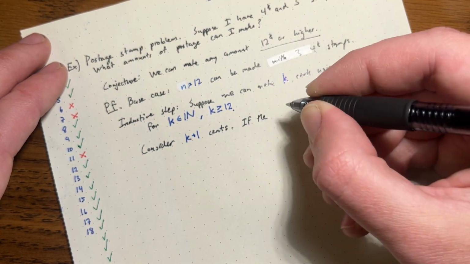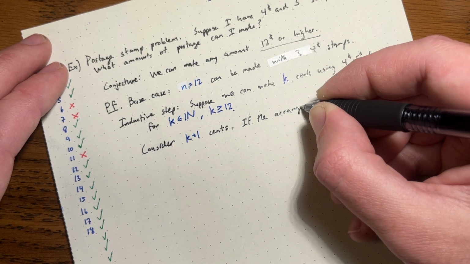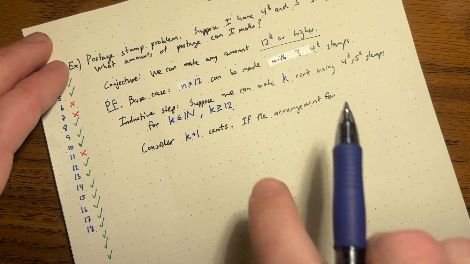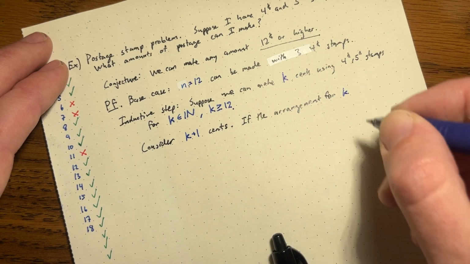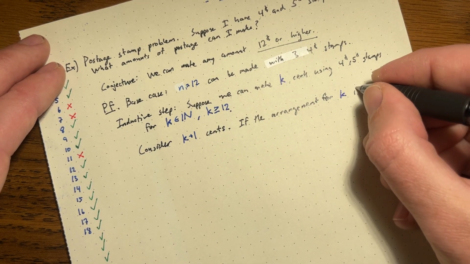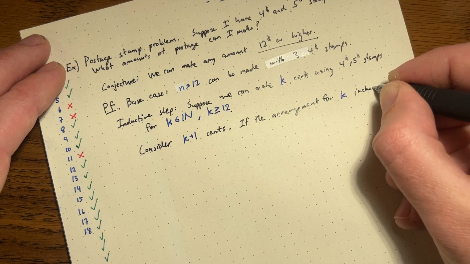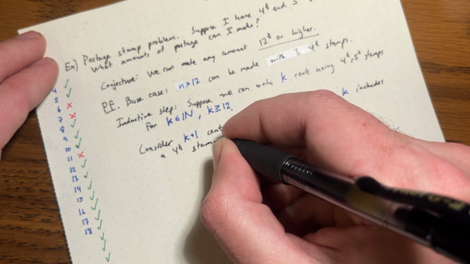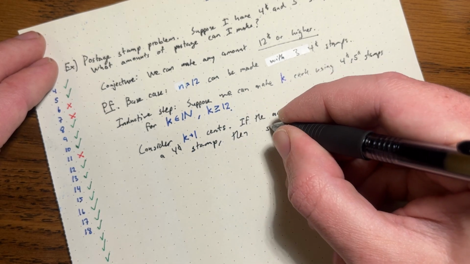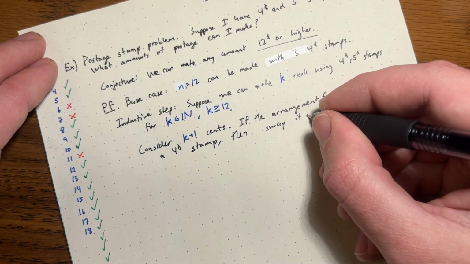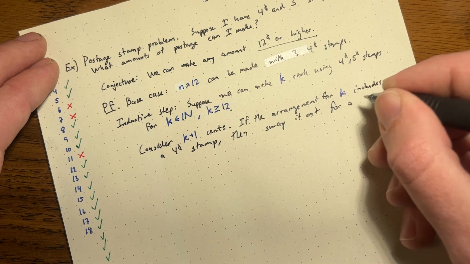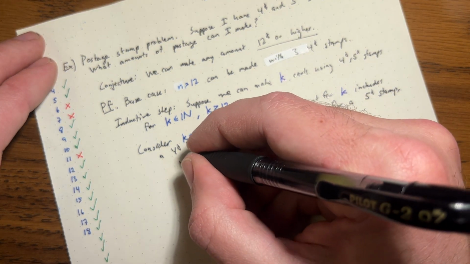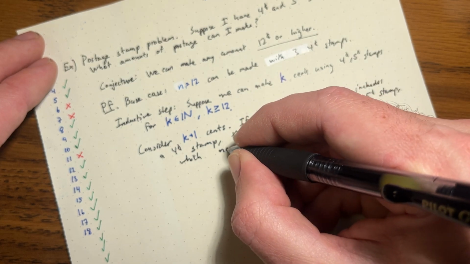If the arrangement for k that we know we can do, because that's what we were assuming, includes a 4-cent stamp, then swap it out for a 5-cent stamp, which makes k plus 1 cents, right?